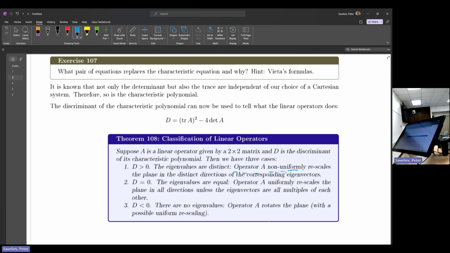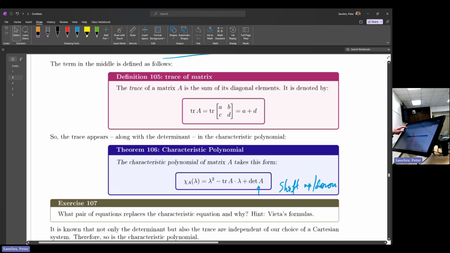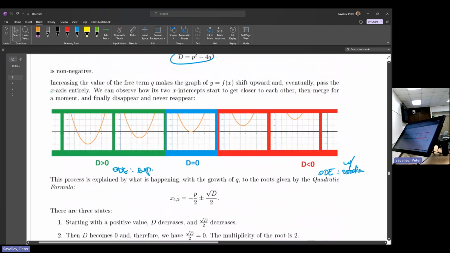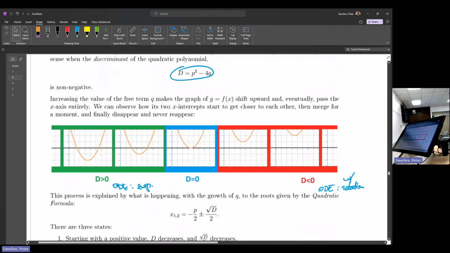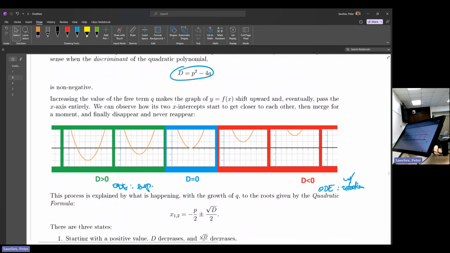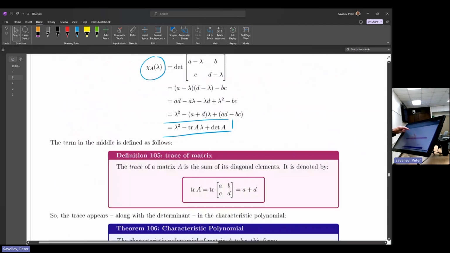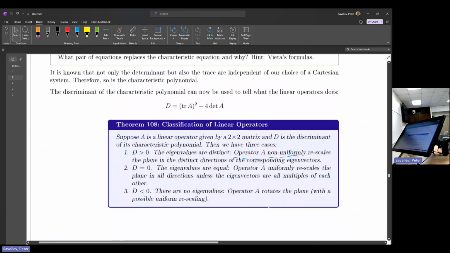When D is equal to 0, the eigenvalues are equal. It's not that there's only one answer. We interpret it in a more advanced way, so this picture in the middle seems like there's only one answer, but actually we say there are two, one solution counted twice, and therefore there are actually two eigenvalues in a sense. And that produces a classification. This case in the middle is a uniform stretch.